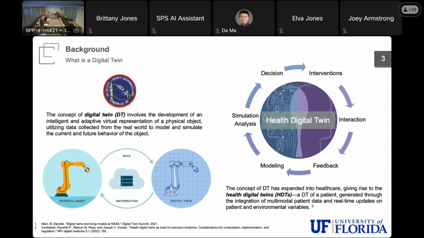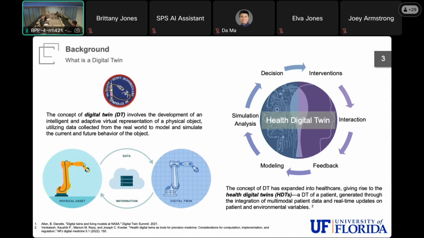It starts by using the patient's data to create a digital model. Then the digital model is used for simulation analysis that supports decision-making and treatment selection. The patient then follows the treatment and provides feedback back to the healthcare system.